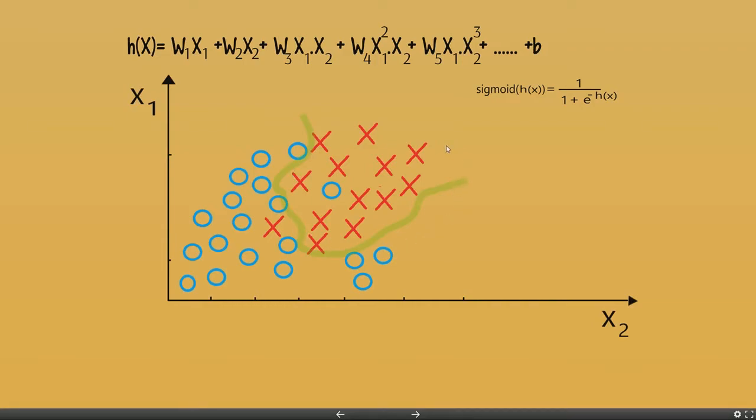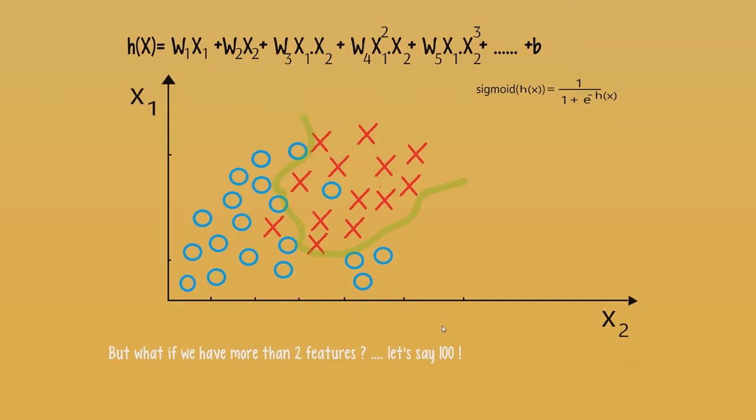But the problem is, here we have only two features, x1 and x2. We don't have 100 features. But imagine if we have more than two features, let's say 100, 200, or 300, which is the case in practical machine learning, and that's our goal, to actually practice machine learning and not just see examples.